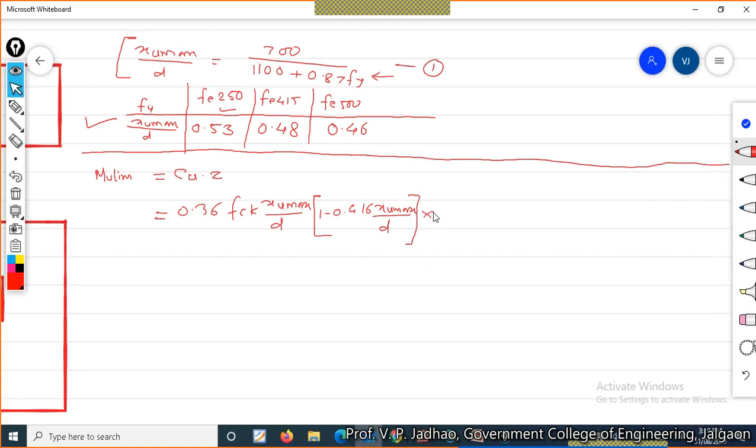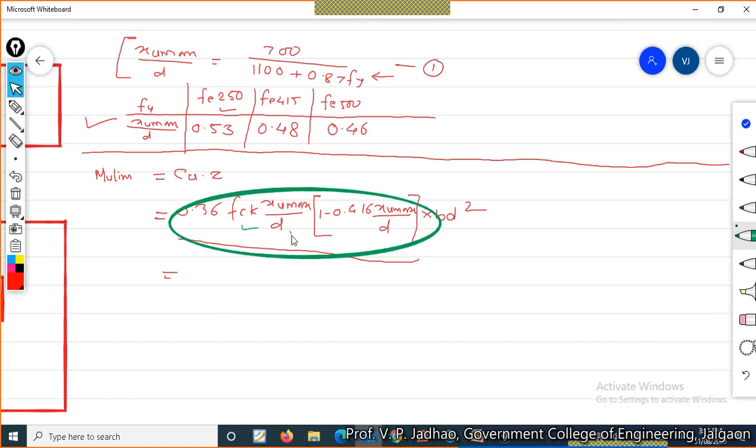Now we can consider this particular value as a constant, because Xu max upon d is constant, 1 is constant, and 0.416 is constant. Let us consider this constant as R.